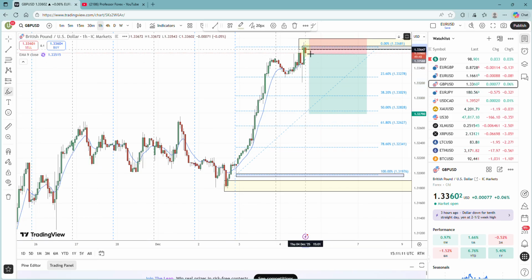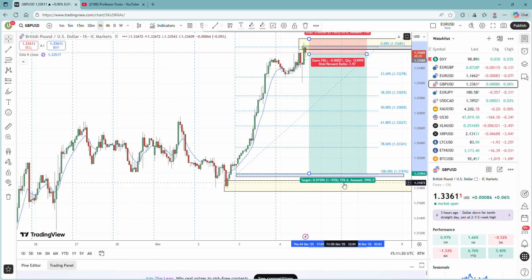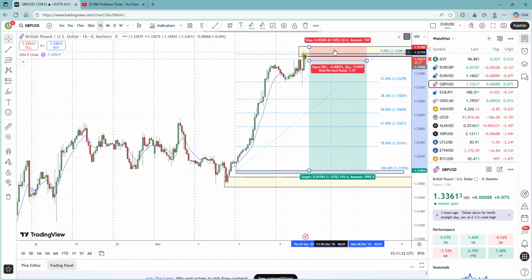If we highlight this candle into a sell trade, you're risking 20 pips to win 160 pips, a risk to reward ratio of 8. With a 14 pip stop loss and 162 TP, that's a risk to reward ratio of 11.